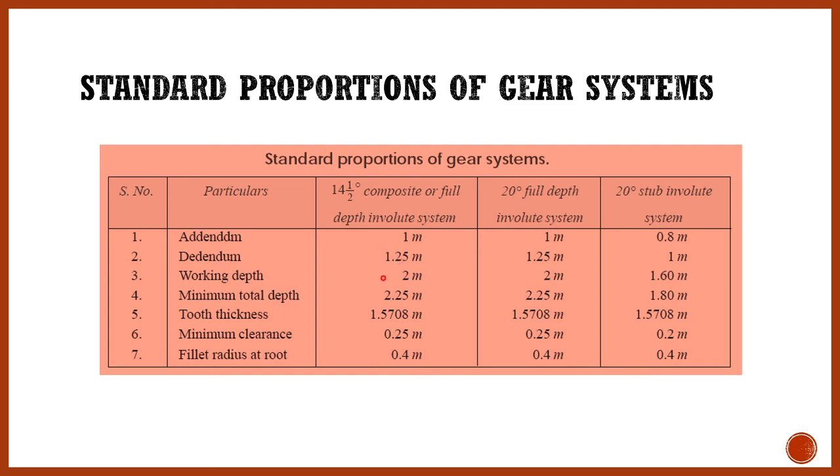For the 14.5 degrees composite or full depth involute teeth, you will find one module as the addendum for the pinion. One thing you have noticed here is that the addendum of the rack is always larger than the addendum of the pinion. This is the care we have to take to avoid the interference.